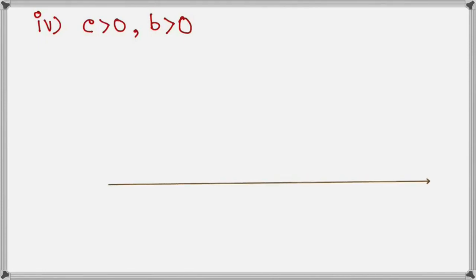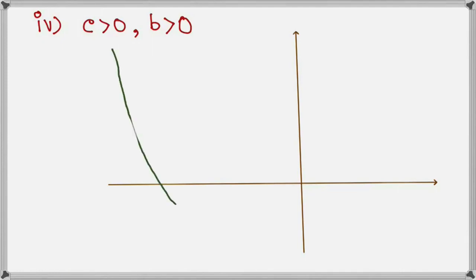Now I will do one more subcase and leave the rest for you to try. Our fourth subcase is c is strictly bigger than 0 and b is strictly bigger than 0. Now this is the x-axis, this is the y-axis, and the parabola is like this.